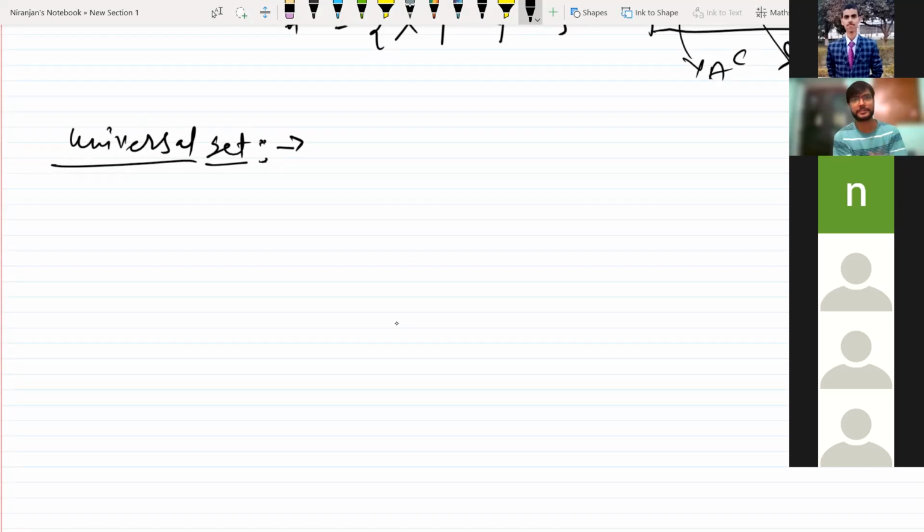Simran says: set of all objects, like real numbers. Okay. Yeah, this is what we all have studied.